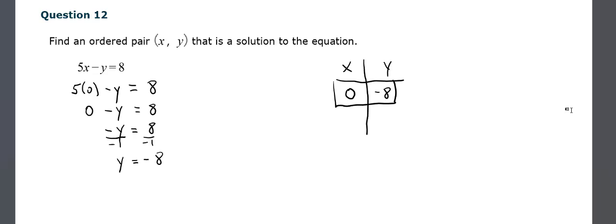Let's choose any value for y. Let's say 1. It doesn't make a difference what you choose. You come back to the original equation, and in place of y, we're going to put 1. Now we're going to solve the equation. So I need to isolate my variable.